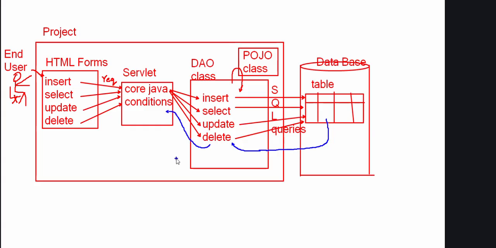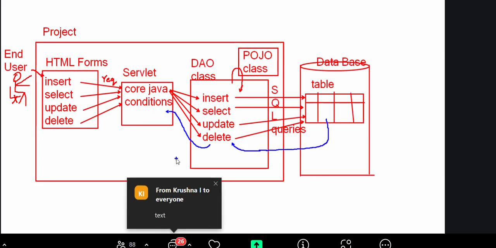Okay, everyone tell me, does the servlet prepare the result as text or as an HTML page? The servlet should present data to the end user on the browser as text or an HTML page.